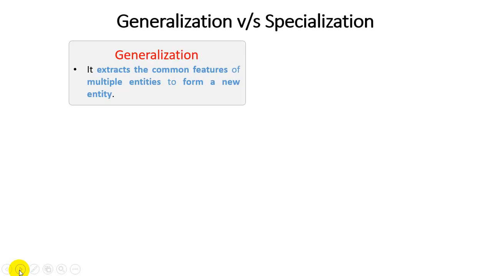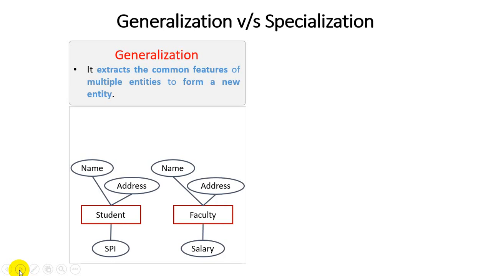Generalization is extracting the common features of multiple entities to form a new entity. We can say it is known as a superclass. Like the student entity has three different attributes: name, address and SPI. The faculty entity has three different attributes: salary, address and name.